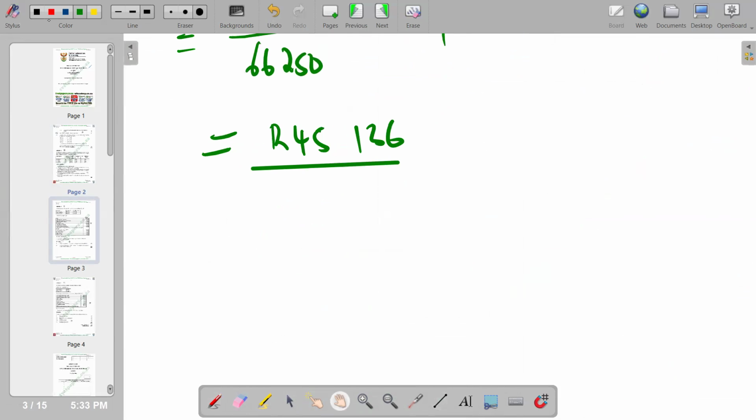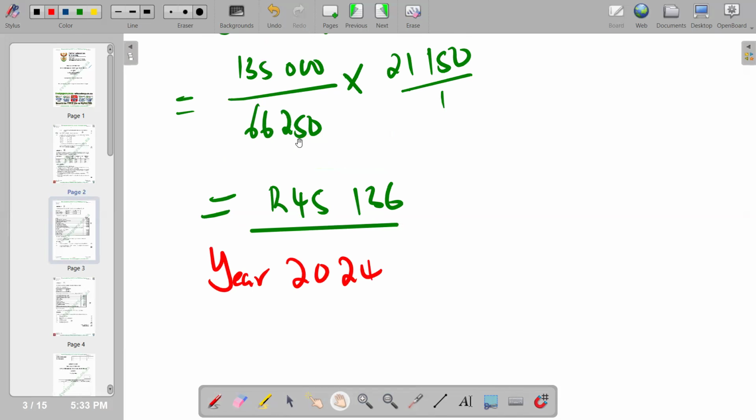So we go to year 2024. The 135,000 over 66,250 will remain the same.